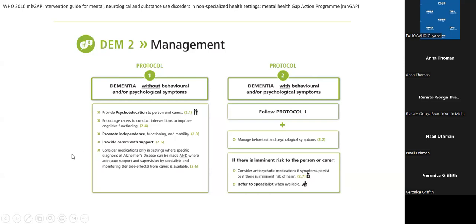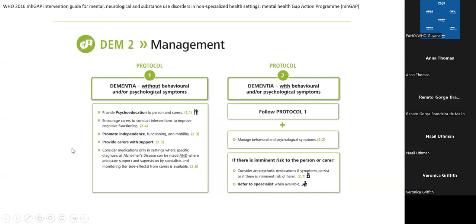important than pharmacological treatment. You will consider medications only in settings where specific diagnosis of Alzheimer's disease can be made and where adequate support and supervision by specialists and monitoring for side effects from carers is available.